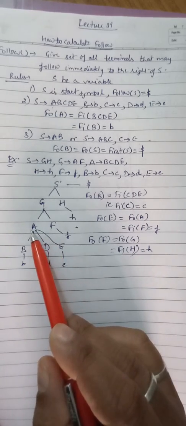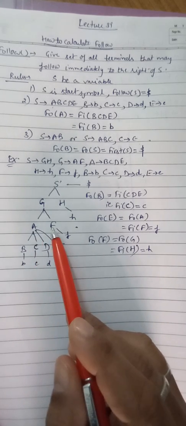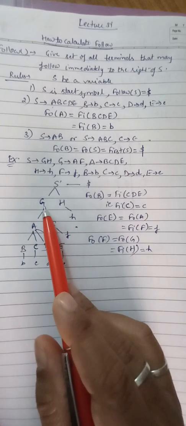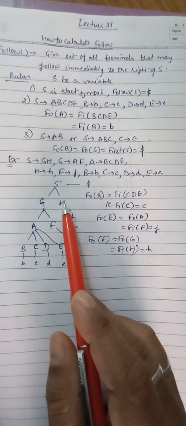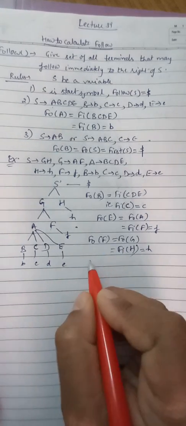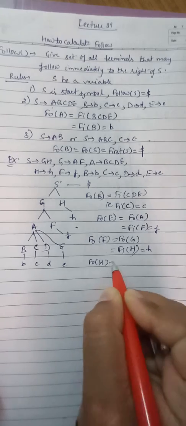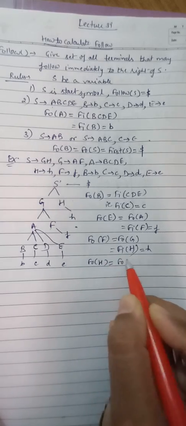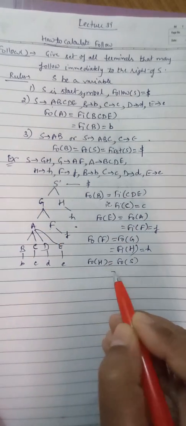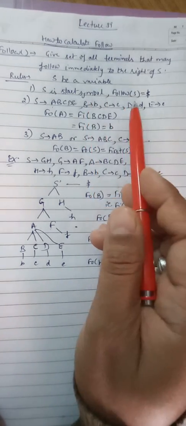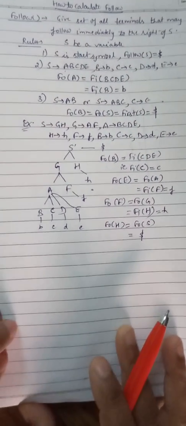Follow of E will be follow of A, that is first of the next variable, that is F. In the same case follow of F goes to follow of G, and the next variable is H, so first of H is follow of F. Now we calculate follow of H, so we go to follow of S. What is follow of S? It always has dollar, as we know from the rule, because this is a start symbol. So like that we can calculate.